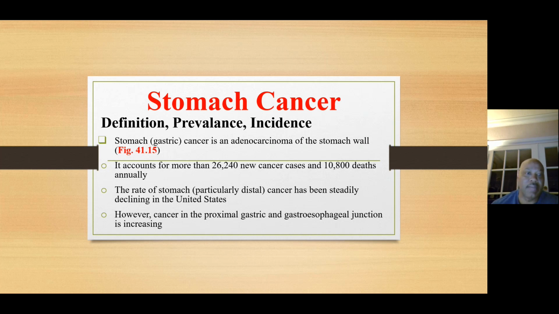All right. Now, anemia is common. It is caused by chronic blood loss as the cancerous lesion erodes through the mucosa of the stomach, or from pernicious anemia. This is caused by a loss of the intrinsic factor. As you should continue to know, pernicious anemia results when the intrinsic factor is no longer there.